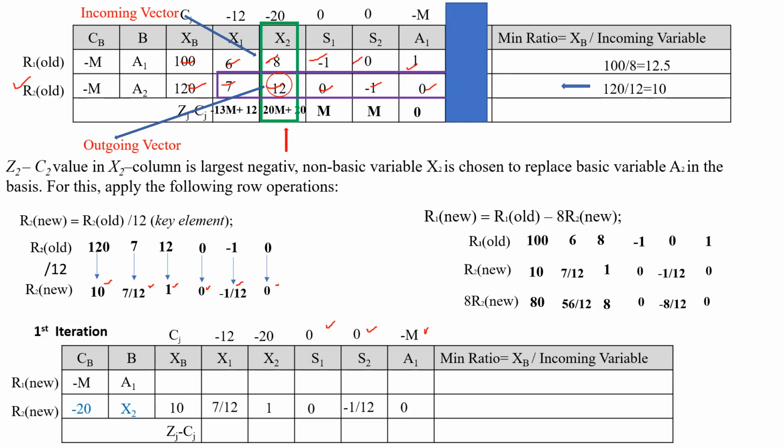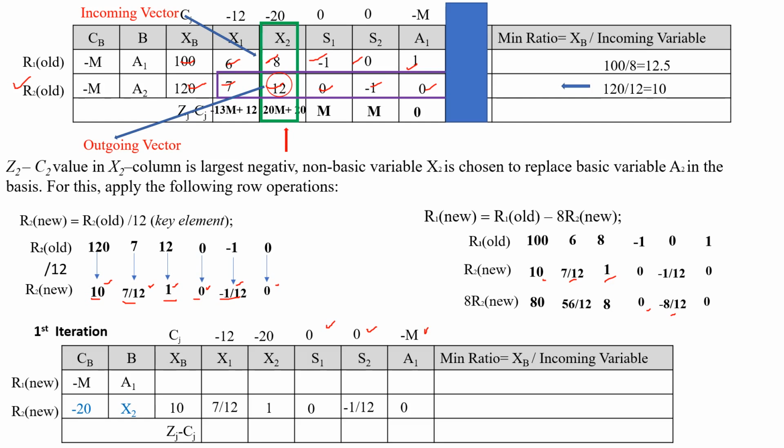Similarly write down the R2 new values, that is 10, 7 by 12, 1, 0, minus 1 by 12, 0. Next we do 8 into R2 new, that is 8 into 10 is 80, 8 into 7 by 12 is 56 by 12, 8 into 1 is 8, 0 into 8 is 0, minus 1 by 12 into 8 is minus 8 by 12, and 0 into 8 is 0.